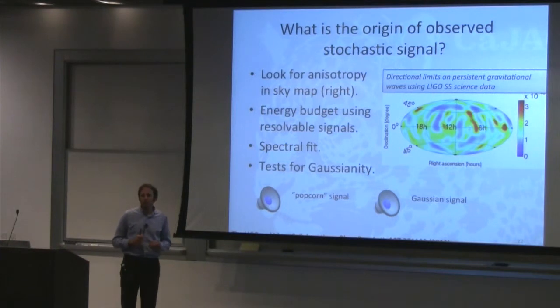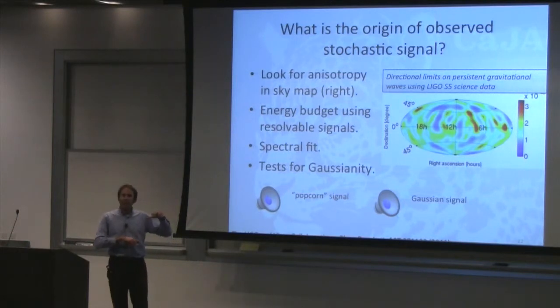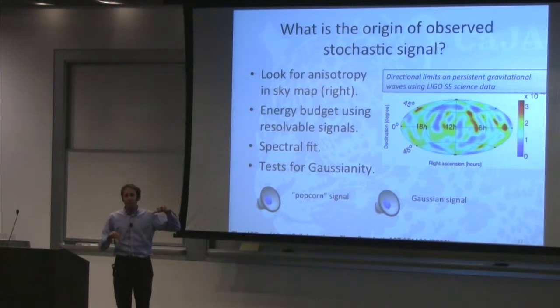Those two numbers don't quite add up, because if you take 40 binary neutron star coalescences and you plug it into a cosmological model, you say, well, we see 40 in the nearby universe. How many should we see in the entire universe? There are some theoretical uncertainties, but what you would find is that there's tension in that. It's hard to account for 10 to the minus 8 energy density if you're only seeing 40 local binary neutron star coalescences.